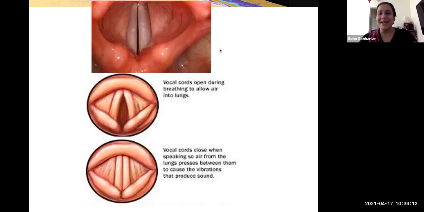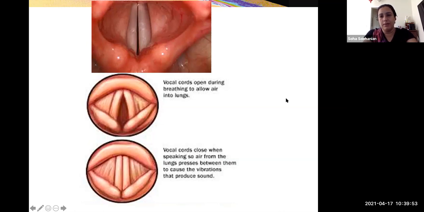Let me type these things for you in the chat box so everybody has the information. It is already on the slide that you're looking at right now, but I'm going to put it in my own terms. So the glottis is in an open position when you are breathing, to allow air to either enter or exit the lungs.